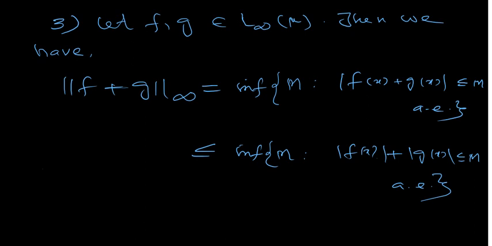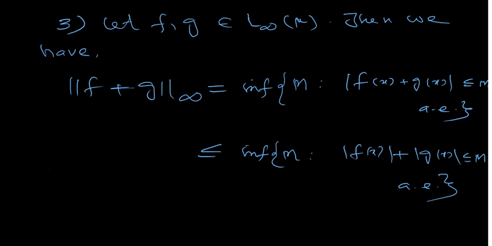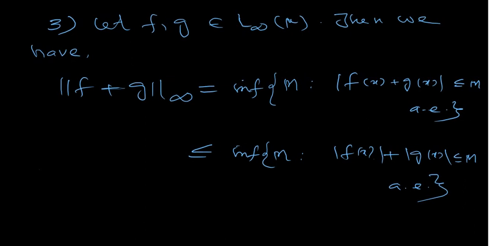So a bigger set possesses the smaller infimum. Why is it bigger? Because if you choose any m here, then that m satisfies the property mod of fx plus mod of gx less or equal to m. Now concentrate only on these sets, not the infimum. So let's take M in this set. That means mod of fx plus mod of gx is less or equal to m, and you have to show that m should be here.